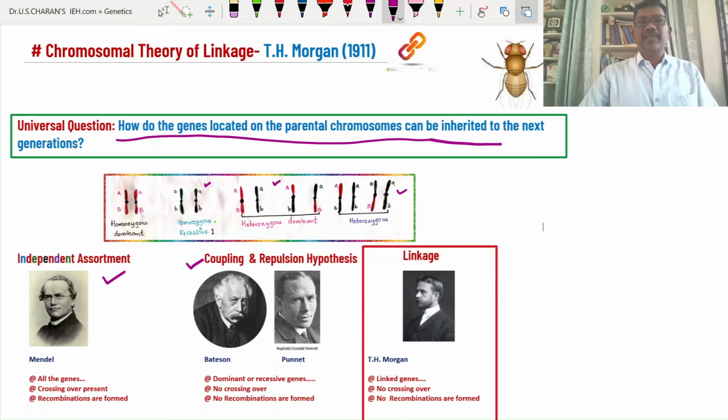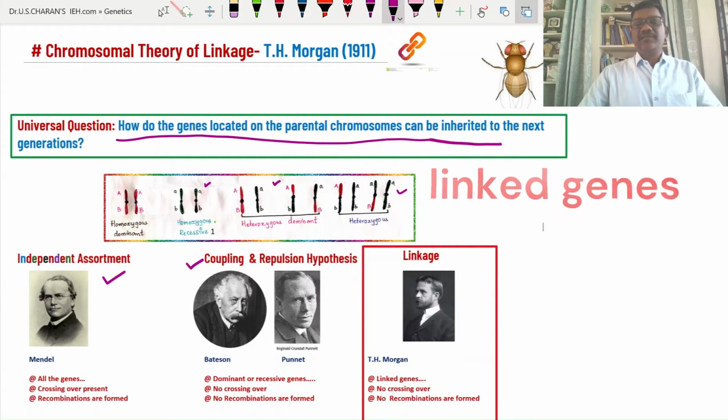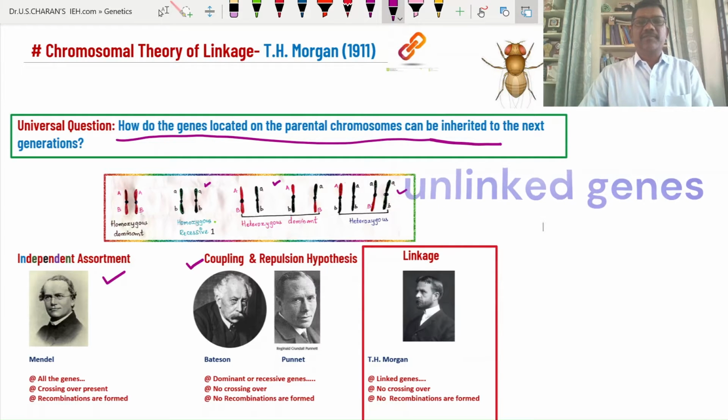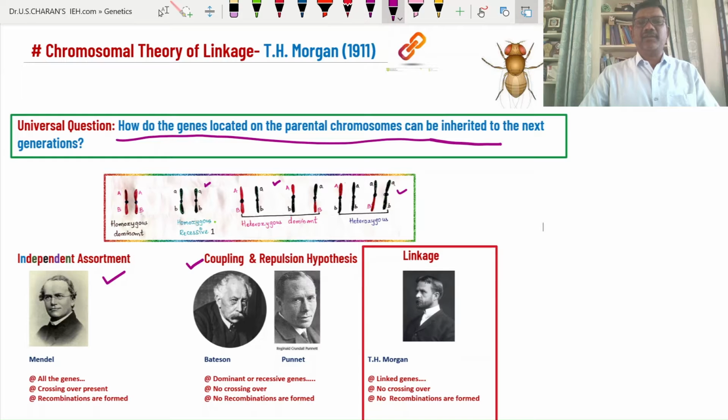According to this chromosomal theory of linkage, there are some linked genes and some unlinked genes. Linked genes present on the chromosome can be inherited to the next generation and form the parental progenies. Unlinked genes present on different chromosomes are involved in crossing over and form new genotypes in the next generation.